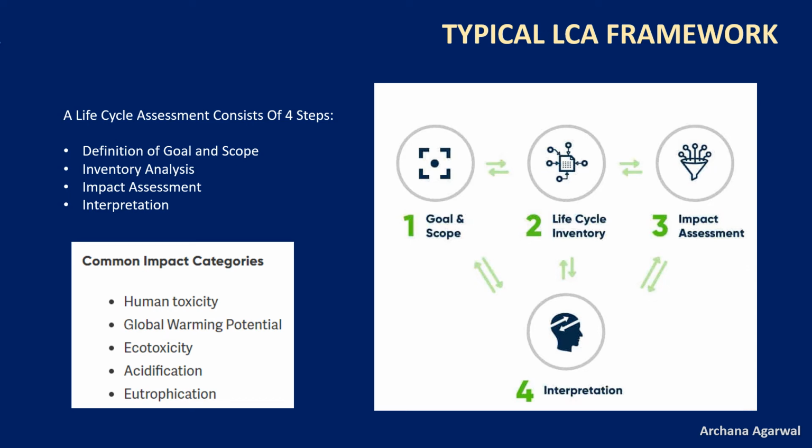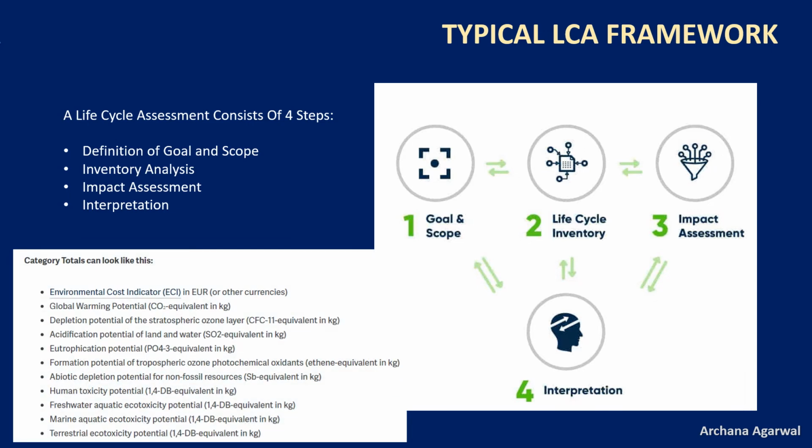This doesn't mean that only CO2 is contributing to global warming. Methane and nitrous oxide also play a role. But to be able to consolidate all gases into one indicator, all other gases are transposed into CO2 equivalents. Finally, we calculate all our equivalents and sum them up in overall impact category totals.